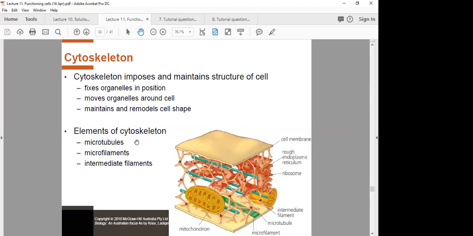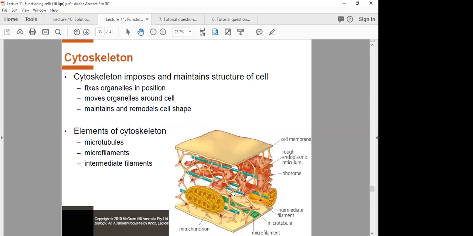There are three major elements of the cytoskeleton: microtubules, microfilaments, and intermediate filaments. And we can see part of a cell here, and we can see those three elements.